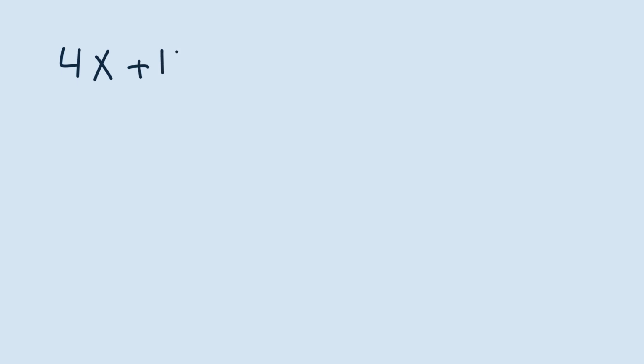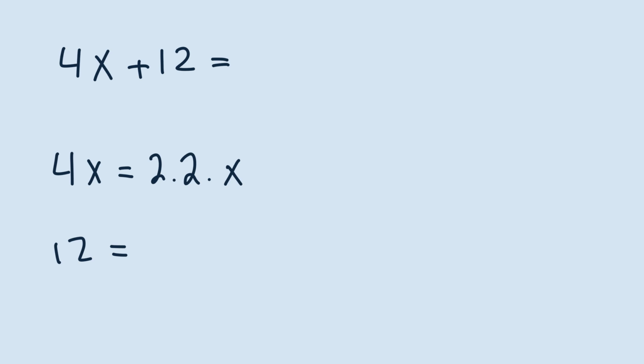What about this question? 4x plus 12. First we will start with 4x, then 12. 4x is basically 2 times 2 times x, because 4 can be broken down into 2 times 2, right? Now let us jump to 12. 12 is basically 6 times 2.